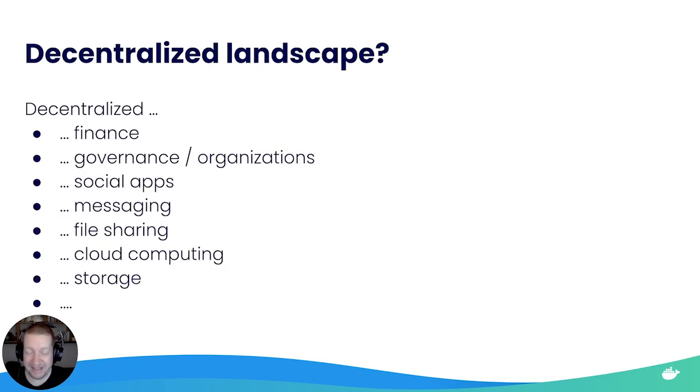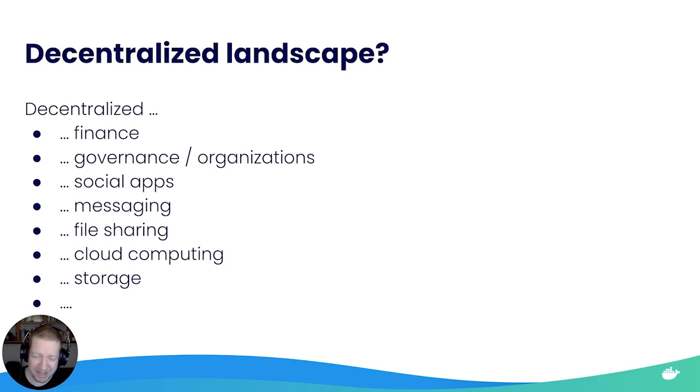Exactly the same is true for the decentralized landscape. It's almost impossible to mention all of even just the big projects or even just the categories. We have so many decentralized solutions in finance, governance, social, messaging, and so on.